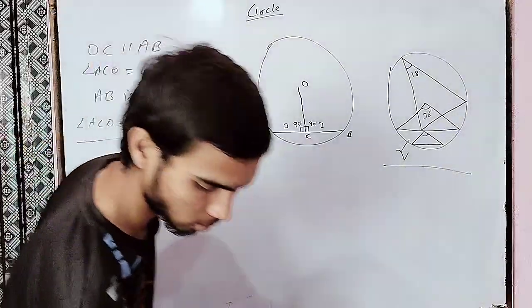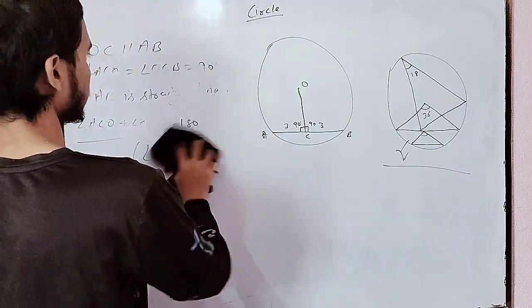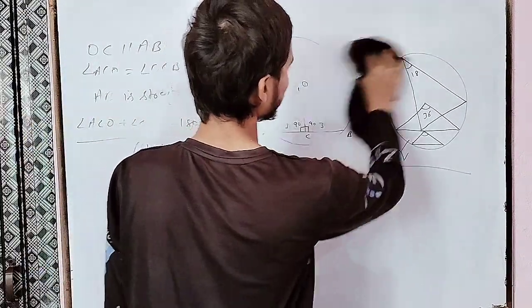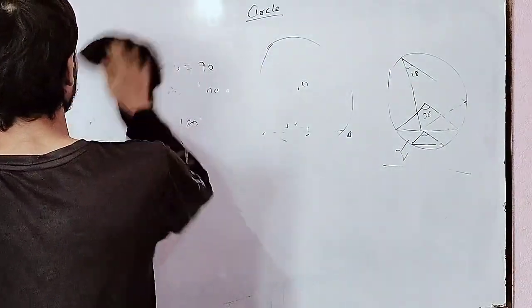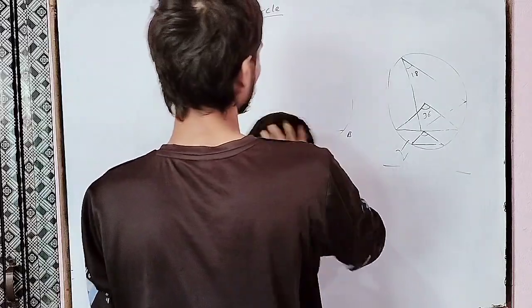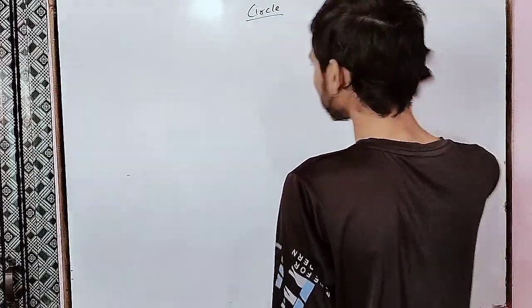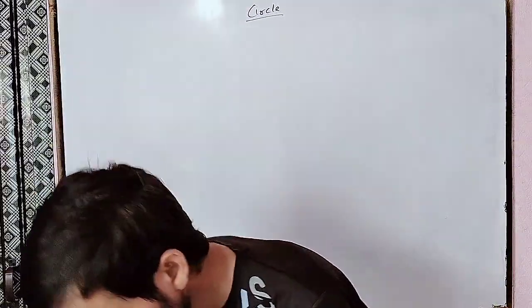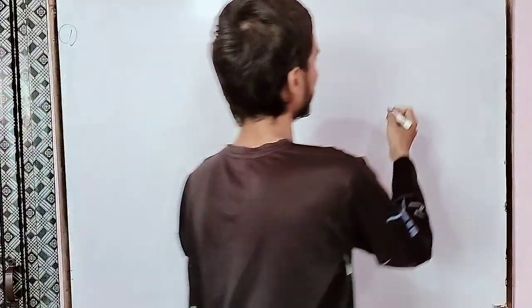Now we are going to discuss theorems based on this. So here the first theorem is saying there is a circle.